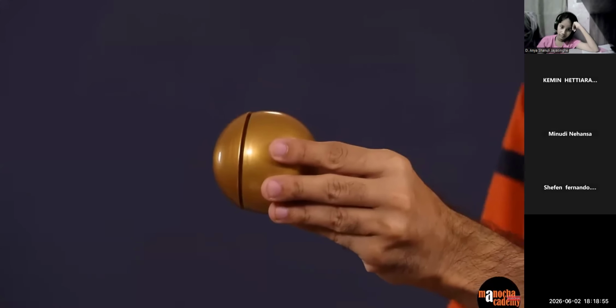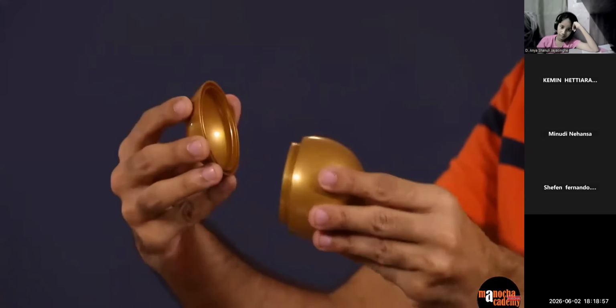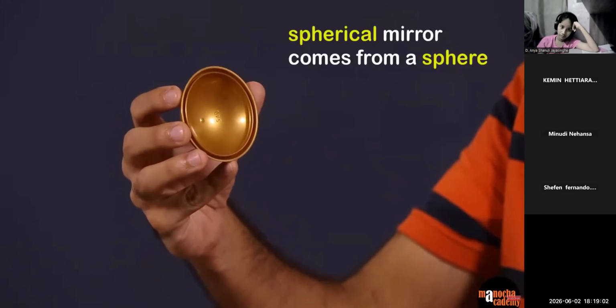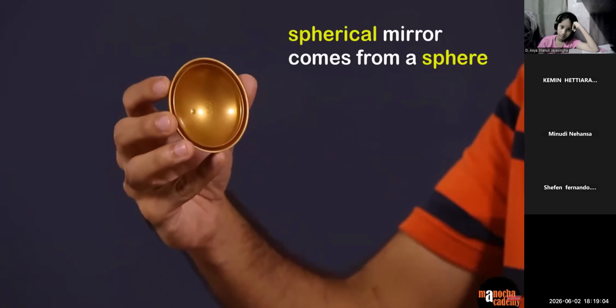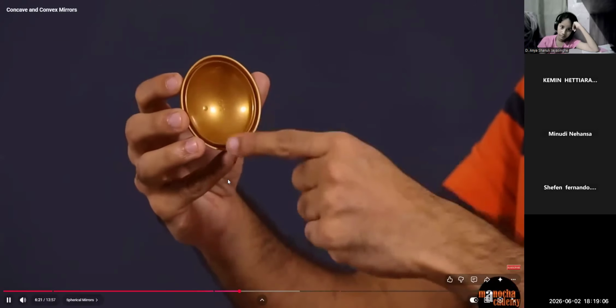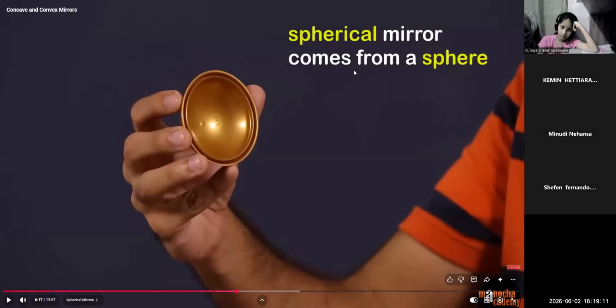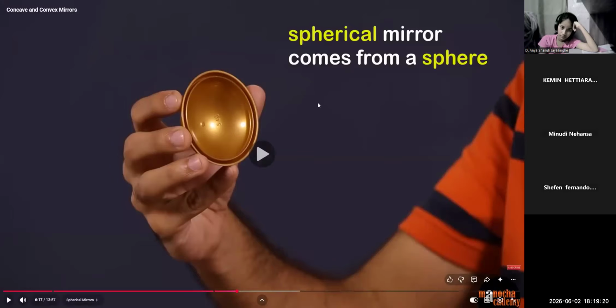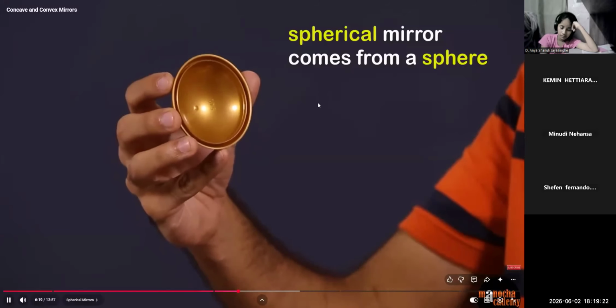Now if I take this knife and cut the ball here, this slice is a curved mirror. It's called a spherical mirror since it comes from a sphere. That is the reason why we call it a spherical mirror, because it comes from a sphere. Actually, in the manufacturing process also, they use spheres to make this kind of mirror.